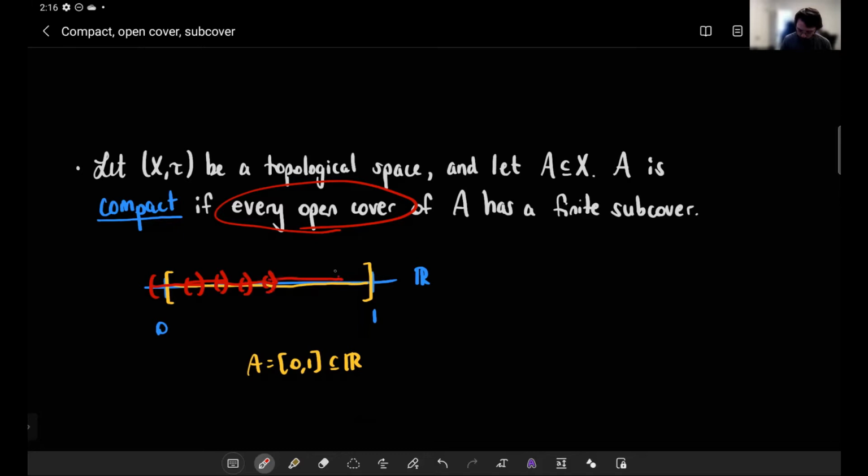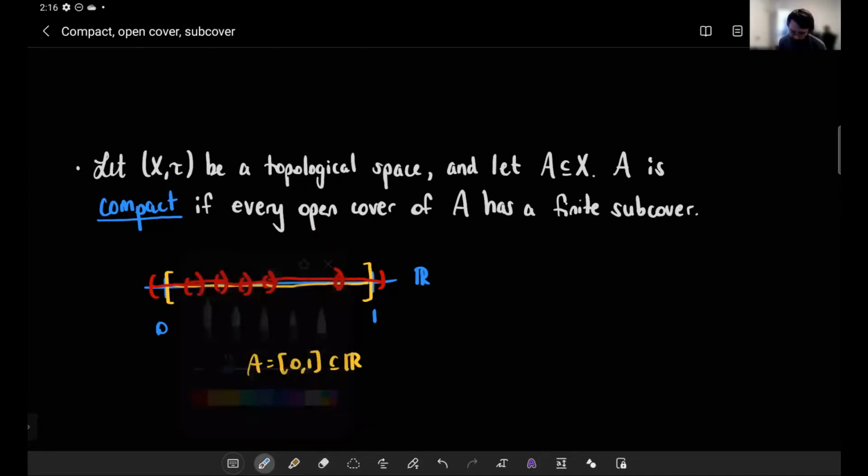Maybe take a big one, and maybe there are some really tiny open intervals I put in here too. I'm drawing them on top and bottom just because I don't want to clutter the diagram, but you could imagine putting infinitely many open intervals in here. Then it turns out that you can kill all the ones I added at the end, and you can get by with just finitely many. You can try to prove that if you want. It's a little bit technical, but it's good for building intuition, I suppose.